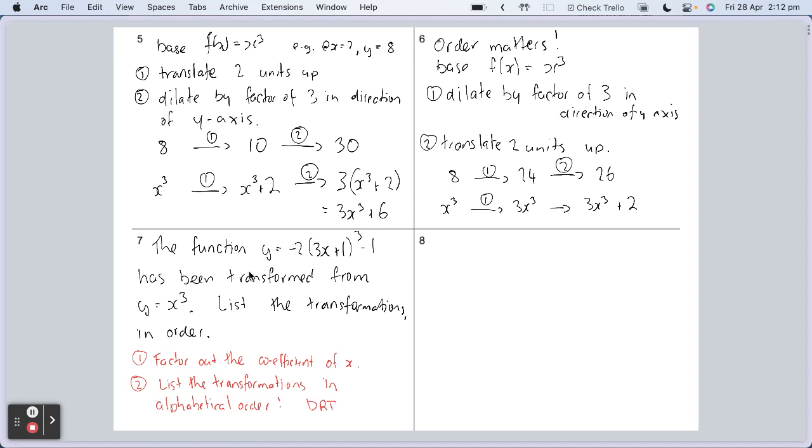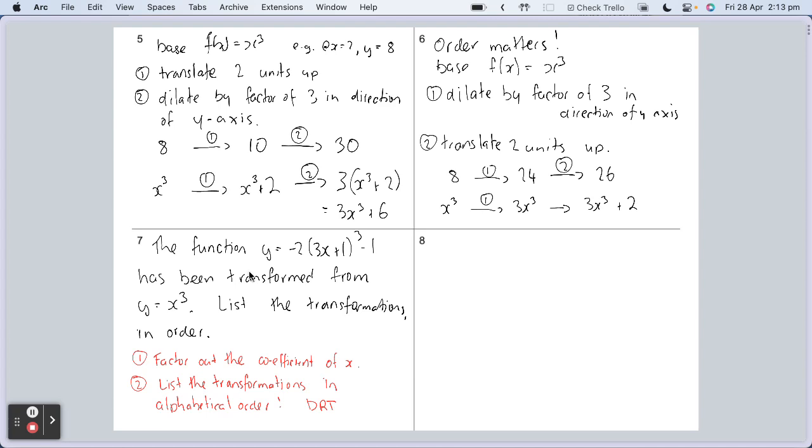Alphabetical order, DRT. Okay? So you look at the equation and you say, what dilations have occurred? What reflections have occurred? What translations have occurred? So you can have up to 6. And it doesn't matter which order you do it, but I tend to go input output. So X and then Y, then X and Y, then X and Y, but it doesn't really matter.